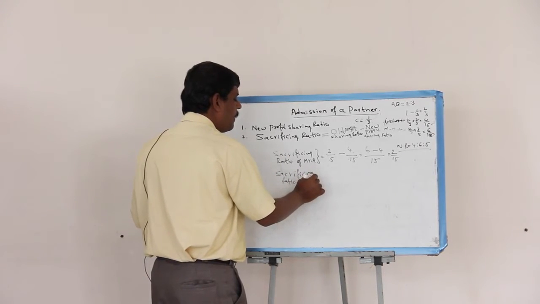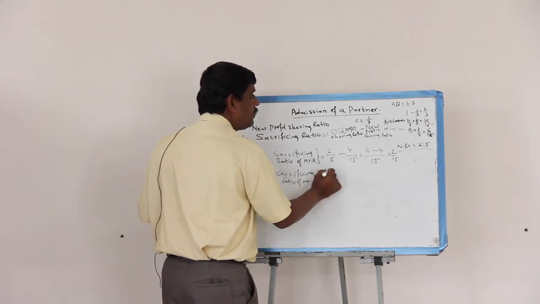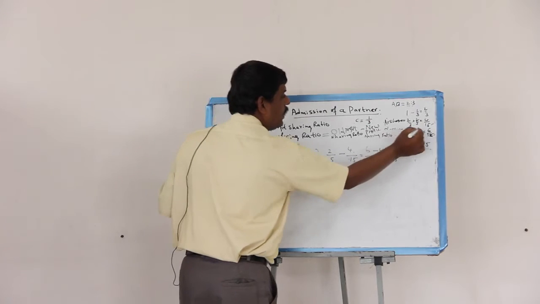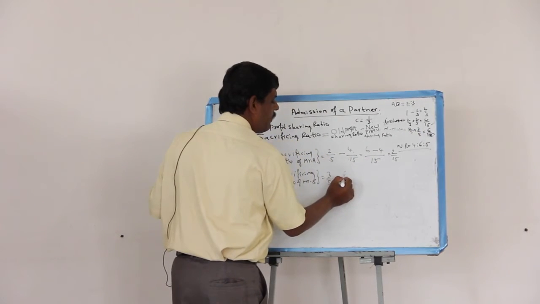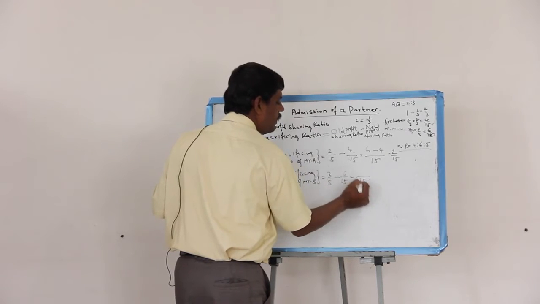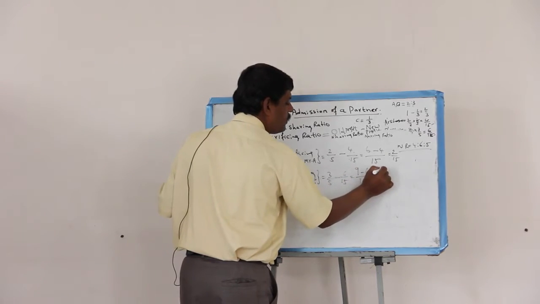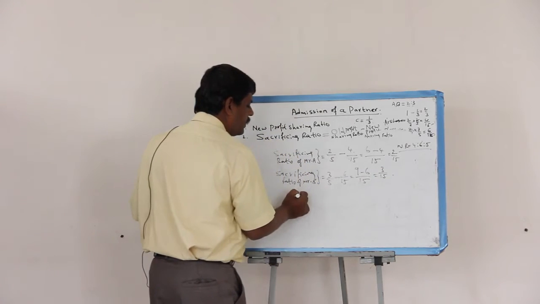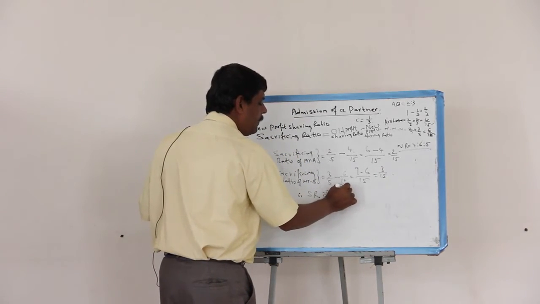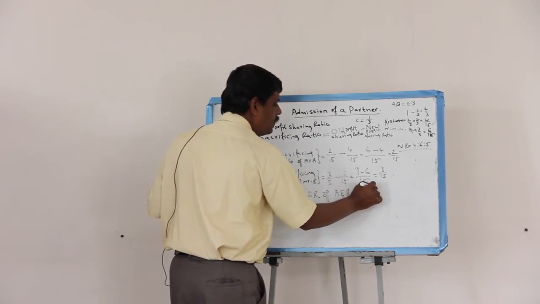Then the sacrificing ratio of Mr. B is equal to old ratio 3 by 5 minus new ratio 6 by 15, which is equal to, 15 is the LCM, 5 3s are 15, 3 3s are 9, 9 minus 6 is equal to 3 by 15. So the sacrificing ratio of A and B is equal to 2 is to 3.